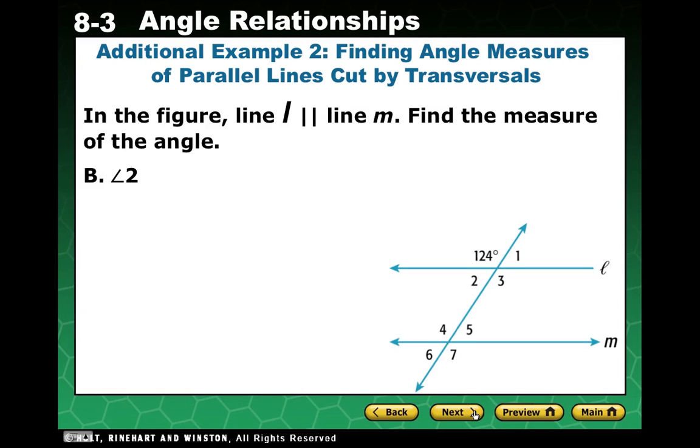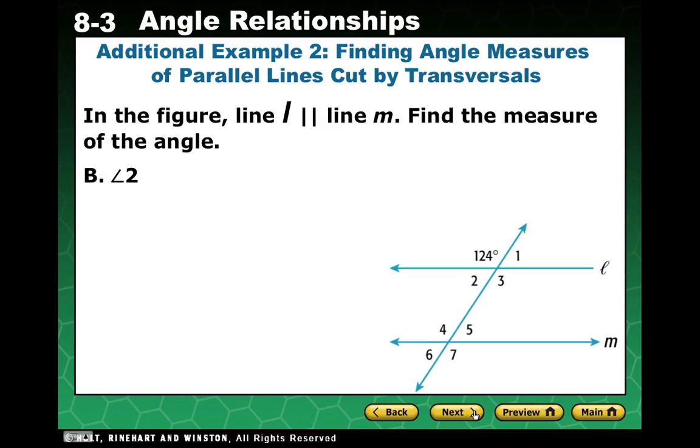Okay, angle 2 shares a couple of things with, let's see, 124 degrees plus angle 2. These are supplementary angles, so adding them together will be 180 degrees. Or angle 1 and the 124-degree angle are supplementary, so we know the sum of those will be 180 degrees.